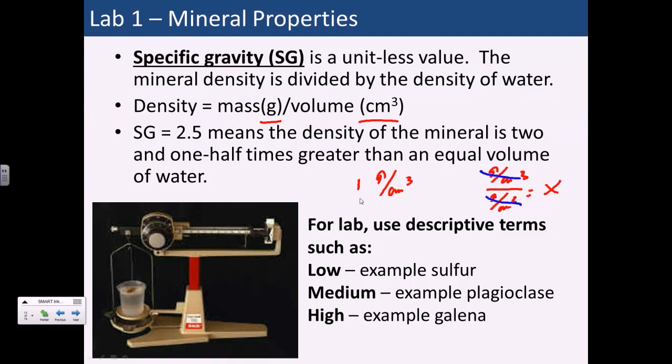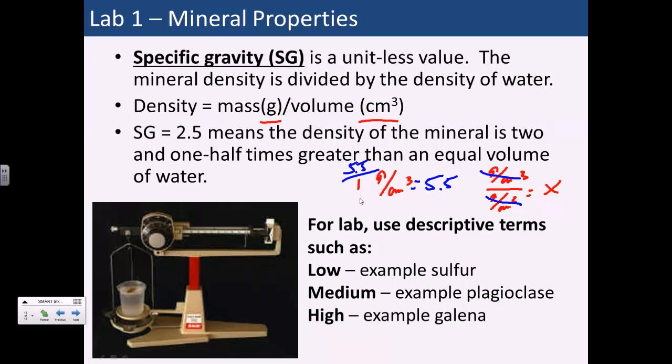So what happens when you take a mineral that's got 5.5 grams per cubic centimeter divided by 1? You get a statement that you can read that this particular mineral is 5.5 times as dense as water. For our purposes here, all I need you to do is heft 2 minerals and compare them.